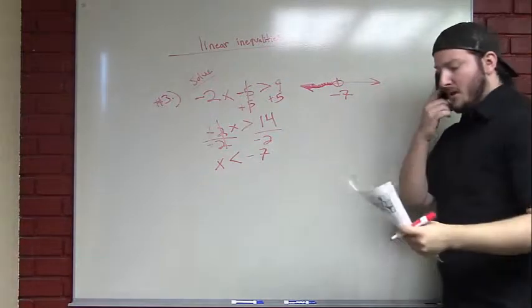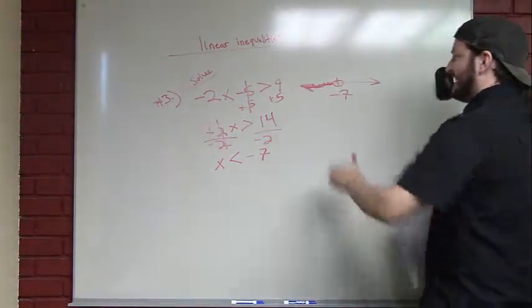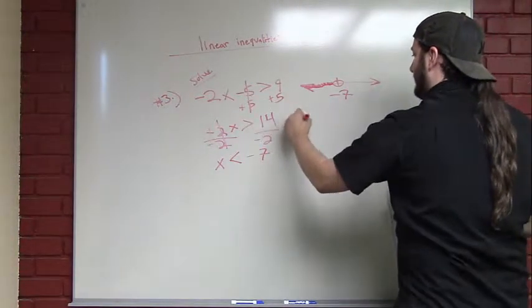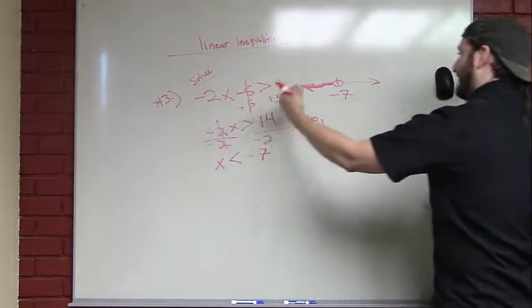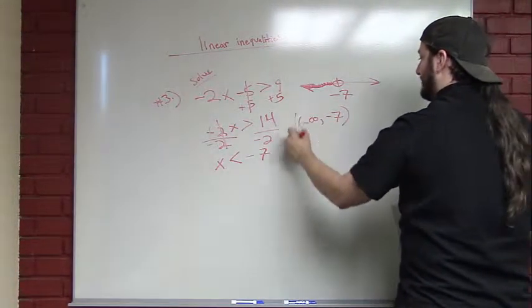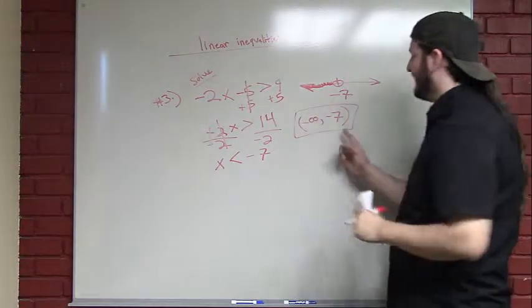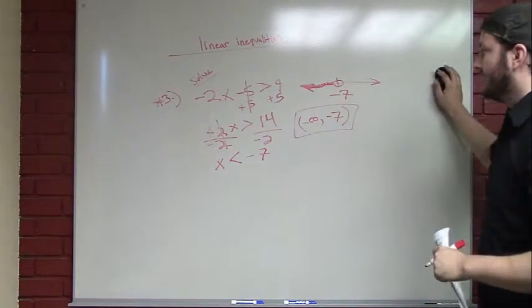I don't know why every single problem so far has been less than. That's just coincidence, I guess. So again, you're going to go negative infinity, all the way slamming into, boom, negative 7. But the negative 7 is not included. So you have a parenthesis. And that is your interval notation. Okay?